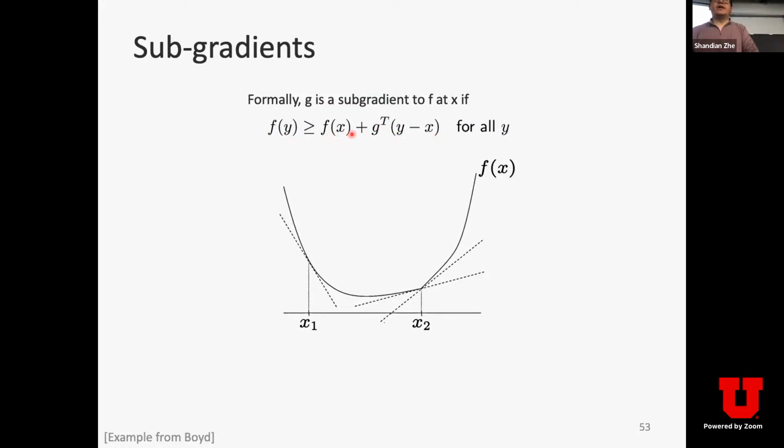This is the formal definition, right? Geometrically, it just means if you can draw a line which passes through this point on f, but the other part of this line stays always below the entire body of f of x, then the slope of this line is called a subgradient.